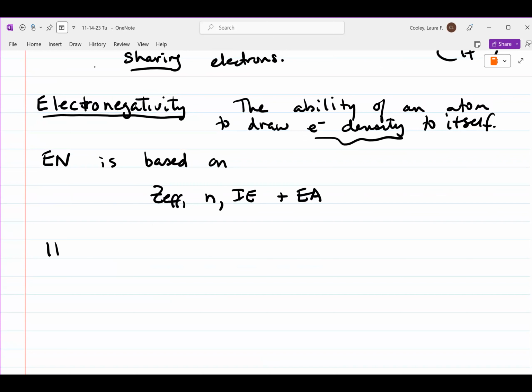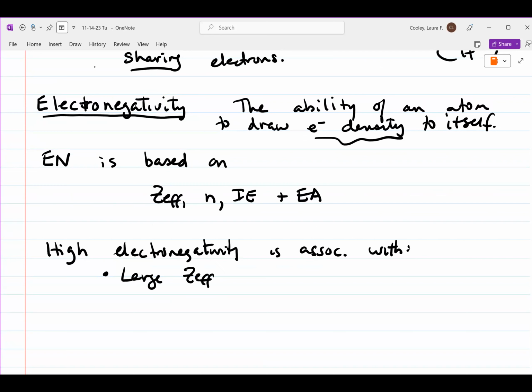Let me write this down. High electronegativity is associated with these things: large effective nuclear charge, smaller values of n, large ionization energy, and large electron affinity.